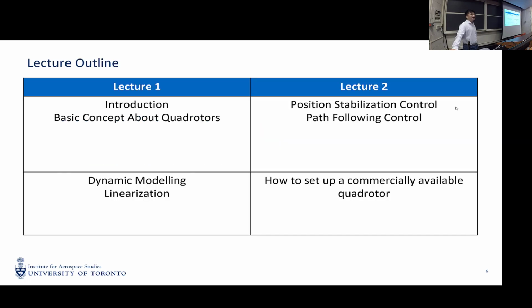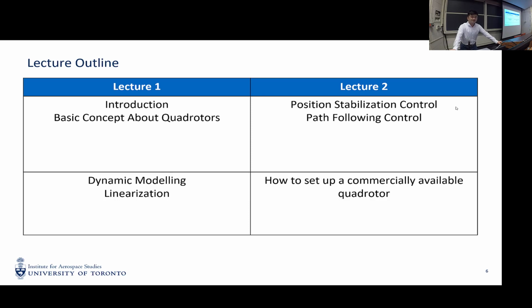This is an outline of this course. There are two lectures about quadrotor dynamics and control. Today I'm going to give you an introduction and some basic concepts about quadrotors. After that, I'll go through the basic dynamical modeling as well as how to do linearization based on the nonlinear model.